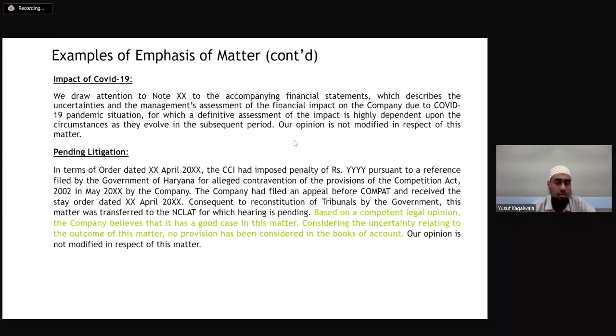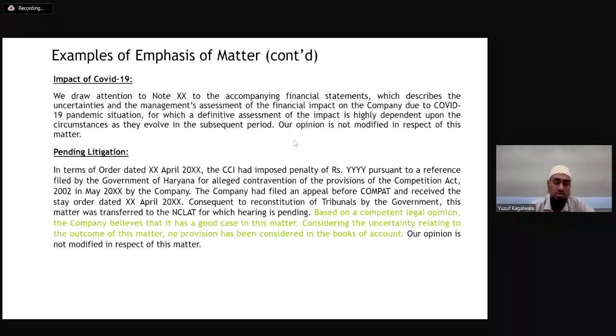Pending litigation. A penalty has been imposed by someone, or a tax litigation is going on. Based on the legal opinion which the company has obtained, the company believes that it is a good case in their favor, and accordingly we are fine with it.